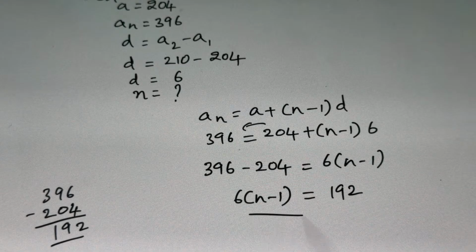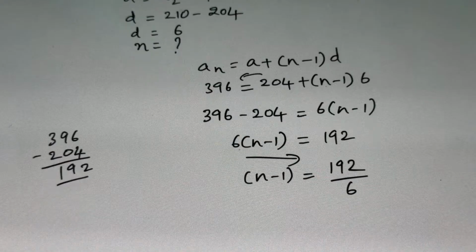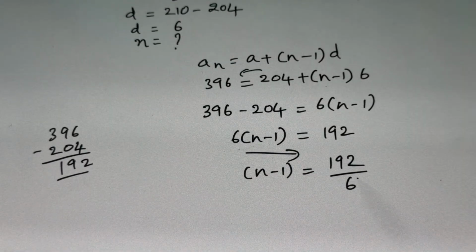Now cross multiply 6. We get n minus 1 equals 192 divided by 6. 6 ones are 6, 6 threes are 18, 1 carry, 6 twos are 12. So n minus 1 equals 32.